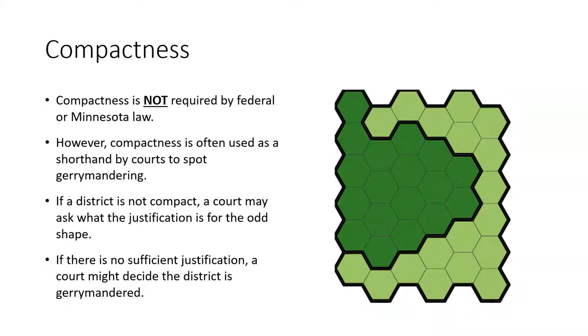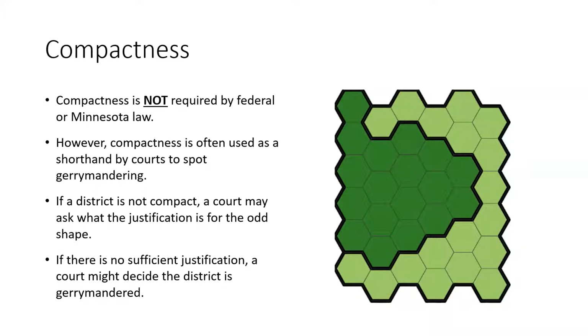Now, there's some confusion about compactness that I want to clear up. Compactness is not required by federal or state law. Again, let me repeat that. Compactness is not required by federal or state law. However, compactness is often used as a shorthand by courts to spot gerrymandering. So if a district is not compact, a court might ask what the justification is for that odd shape.